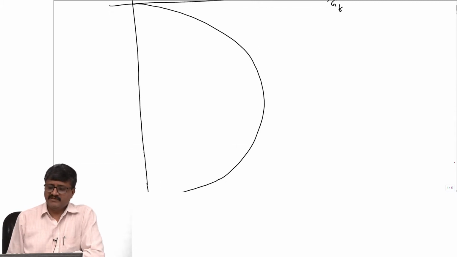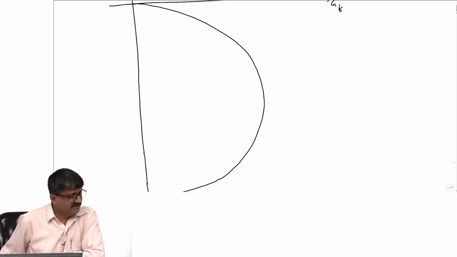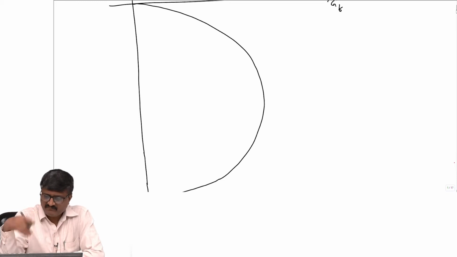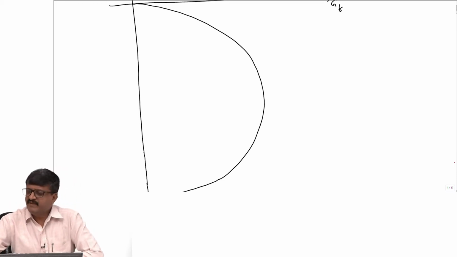So, we derived some conditions so far. We saw that one has to draw a tangent to the semicircle which makes an angle phi m. So, let me draw that tangent.